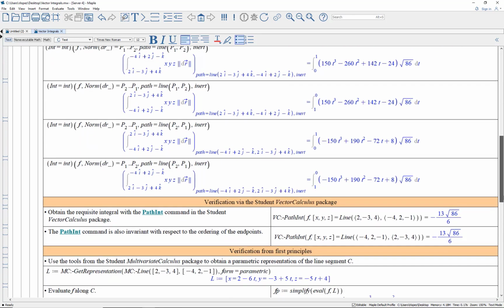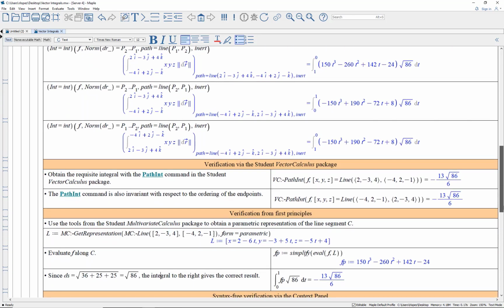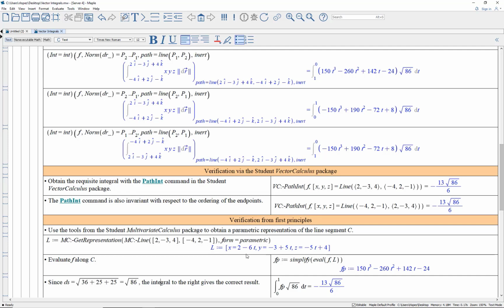We can have a verification from first principles using the multivariate calculus package. There is a line command. You give it 2 points, P1, P2, as lists. Wrap it with get representation, and the return form of the line can be controlled.